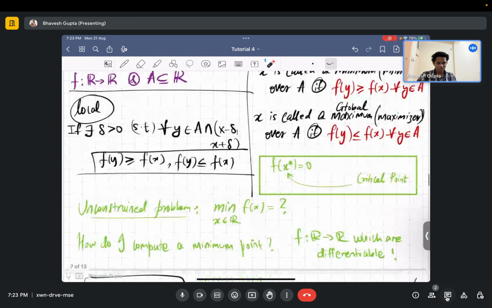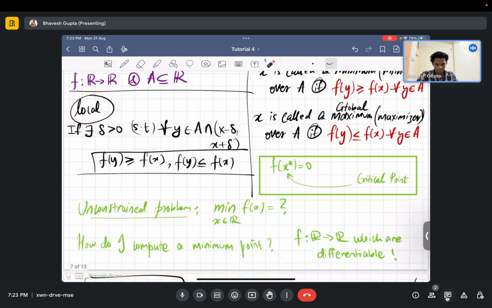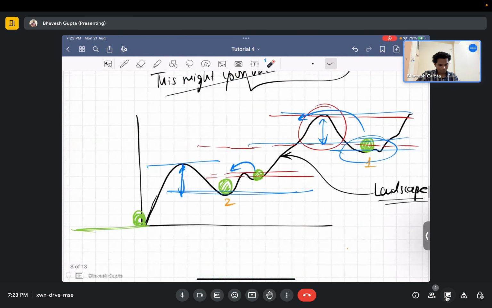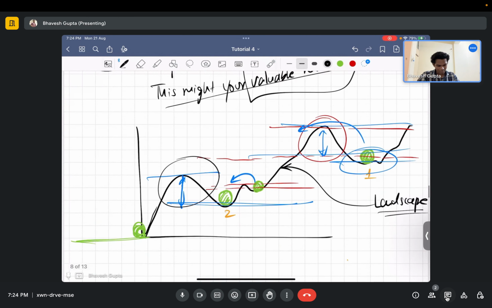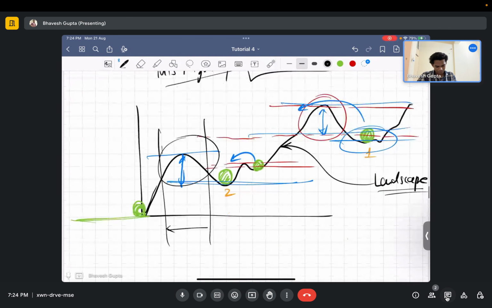And the definition of local maxima or local minima is that you restrict your input. For example, if I want to study this local maxima here, I will restrict my domain till here, and I'll just study the maximum value and minimum value in the function.